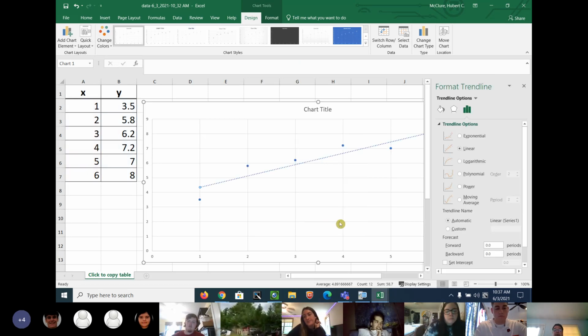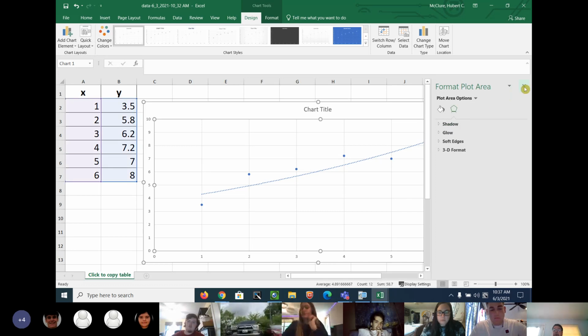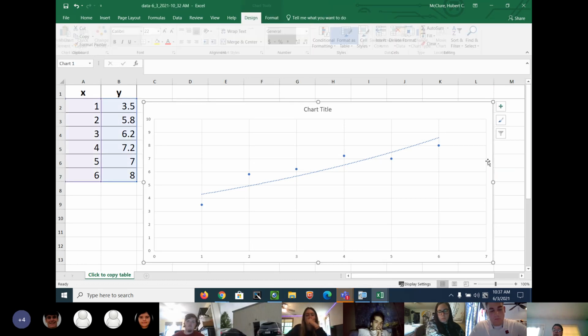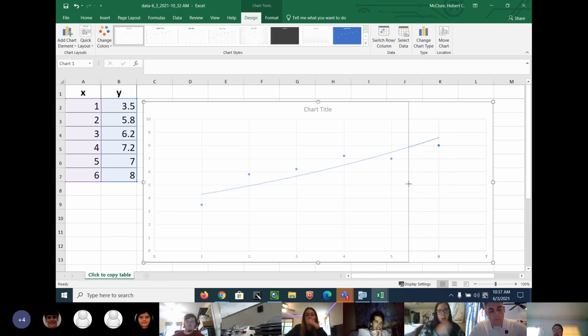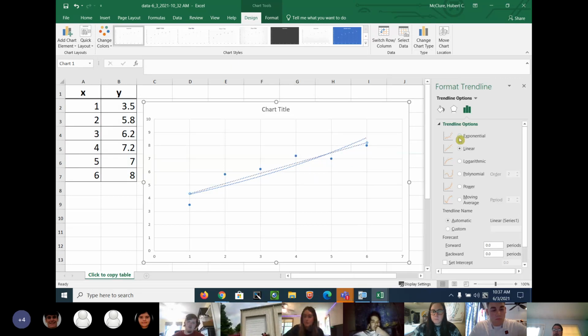Add trendline. I'm going to say linear would be the best fit, but we'll go through all of them, starting with the exponential. Let me move it over out of the way. There's exponential.